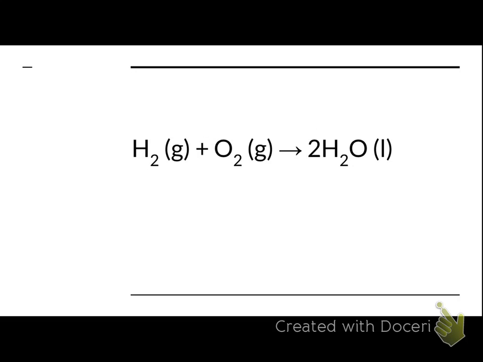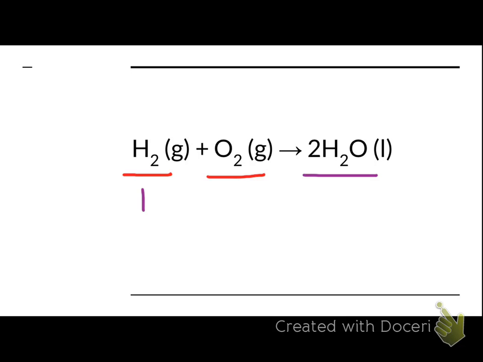All right, so here's an example of a chemical equation. So let's take a look at the things that we have here. We have hydrogen gas plus oxygen gas gives us liquid water. Okay, so things to go over.